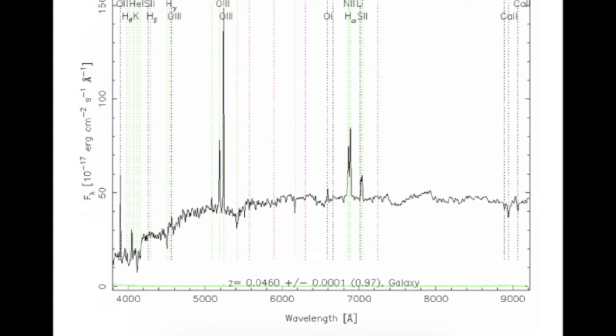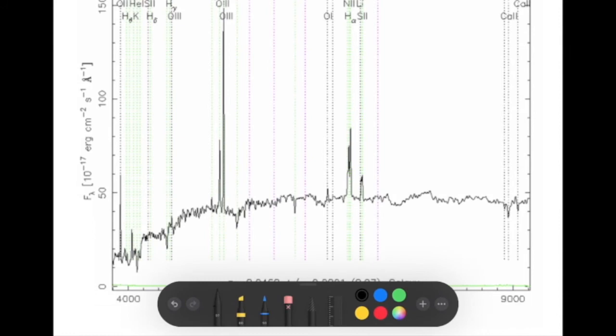So what have they done? They look at the spectra of the galaxy, and they see these spectral lines. First of all, a galaxy spectra is nowhere near a black body spectra like for the stars, but it has a continuum which you see here.